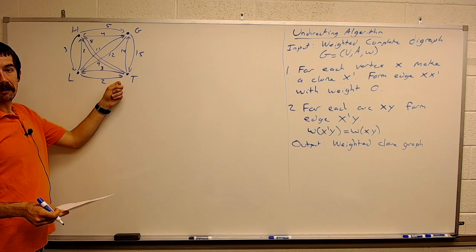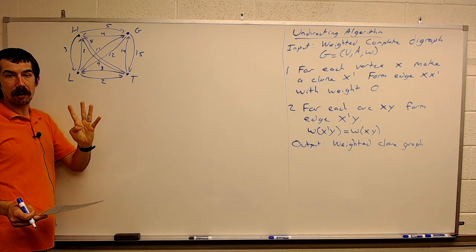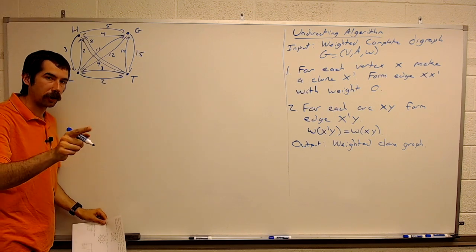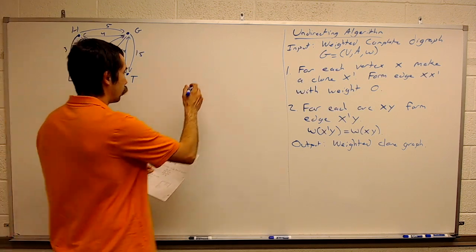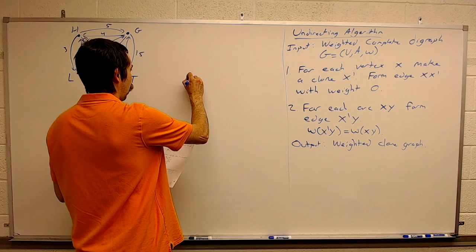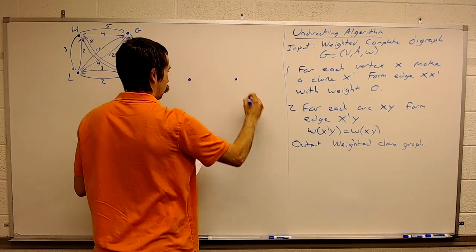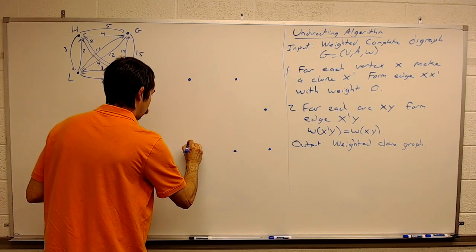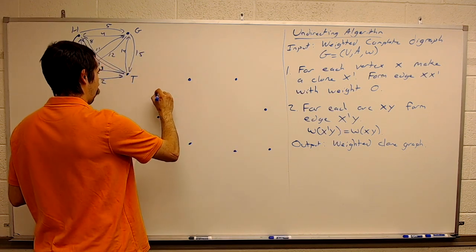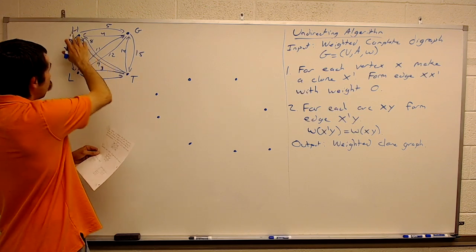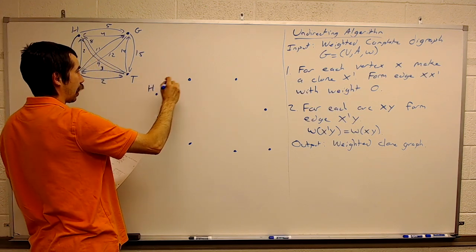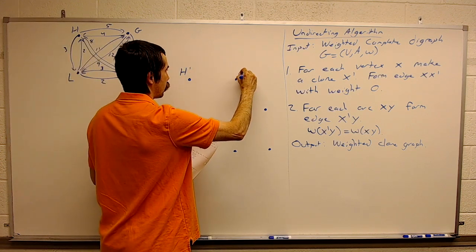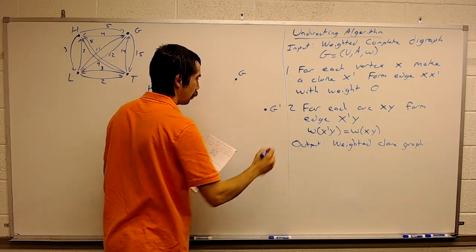Our directed complete graph here has 4 vertices, so our clone graph will have 8 vertices. All right, so let me draw our clone graph. This will be H, and its clone H prime. This will be G, and its clone G prime.